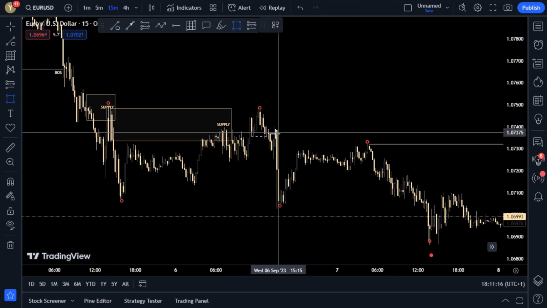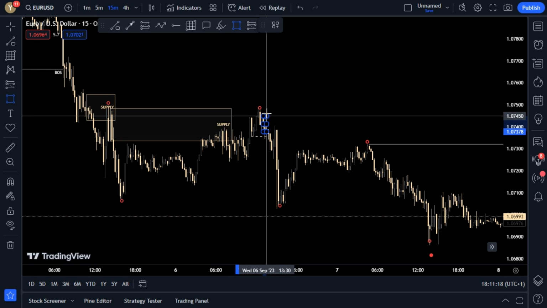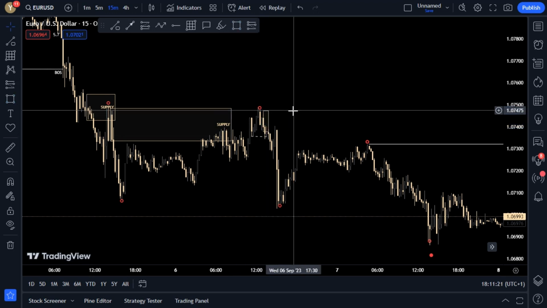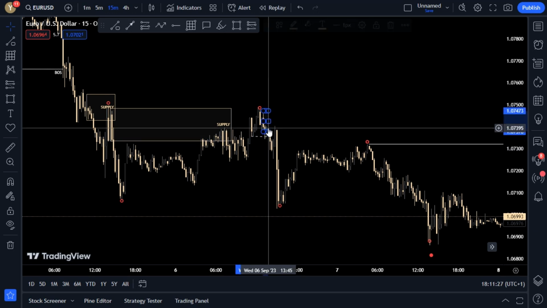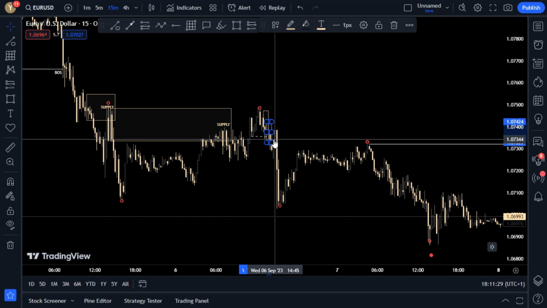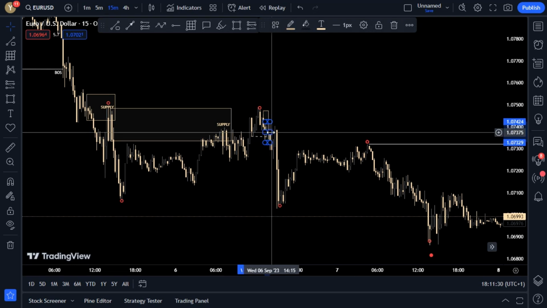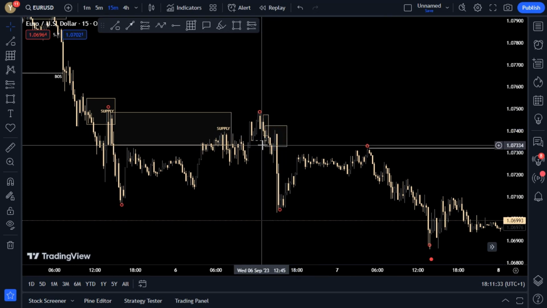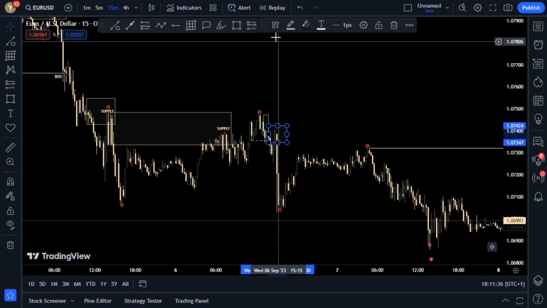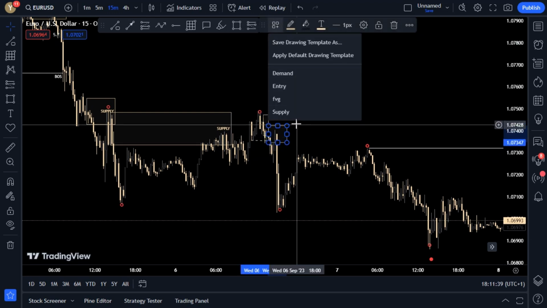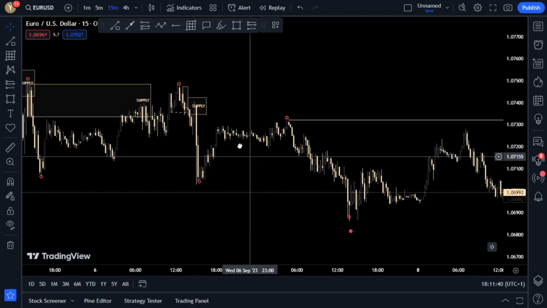However, it's already mitigated, because I drew this zone here. Don't know if you can see properly, but this grey candle has already mitigated it, so we just drag it down to the grey candle instead. So that is our supply level. It's got imbalance, and now it has all of the requirements to be a POI.